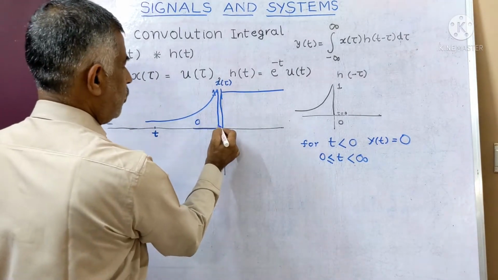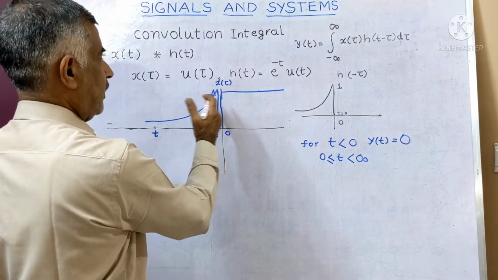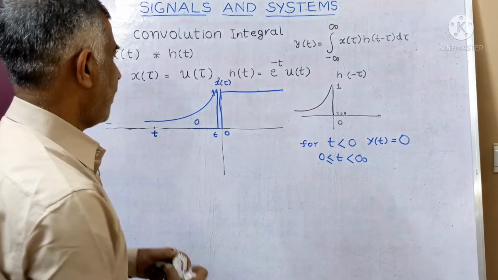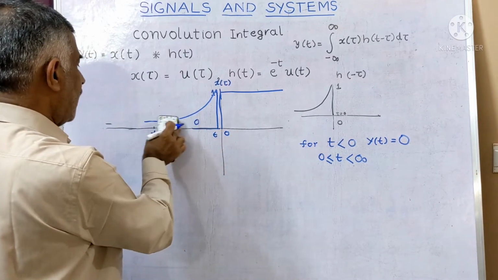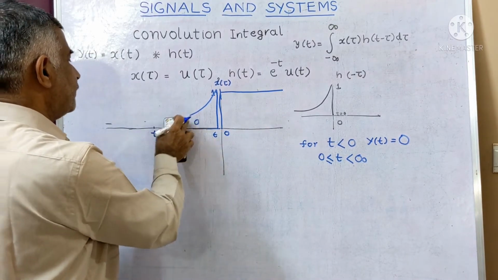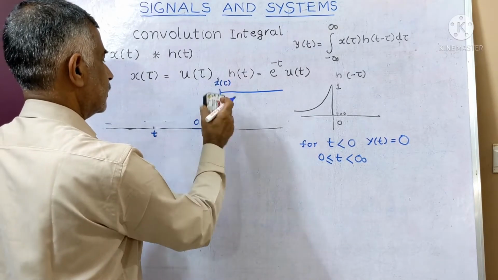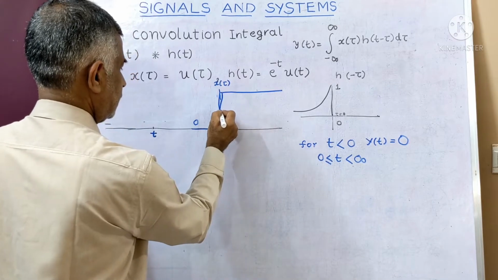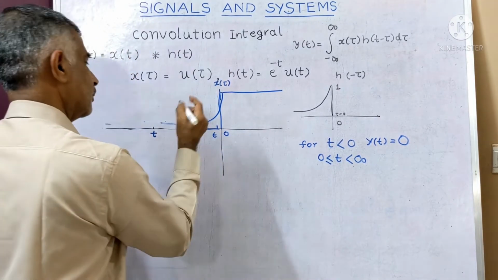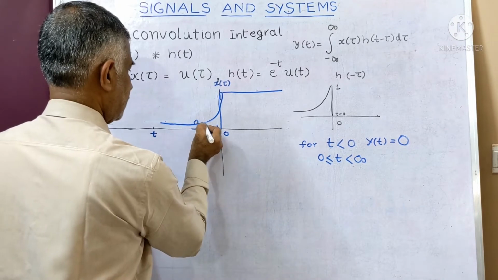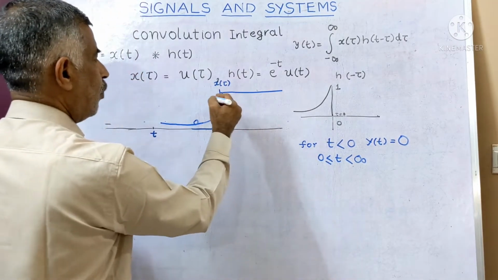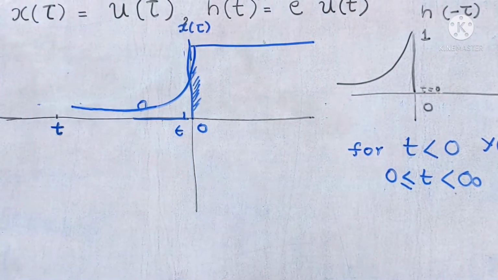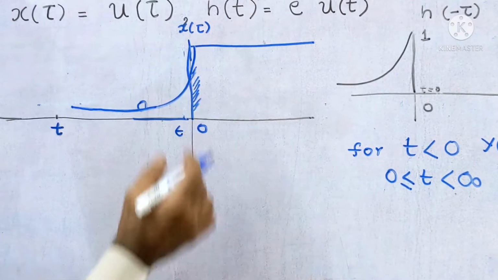Now assume that this t edge enters this waveform, creating what is known as overlap. I will sketch that. And the overlap has started between two edges.